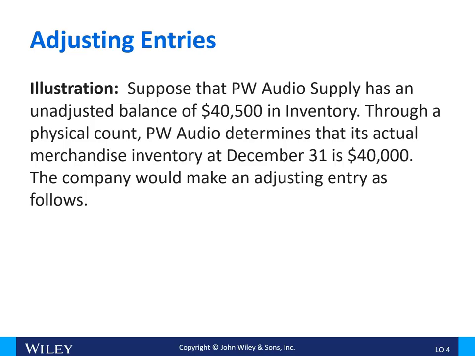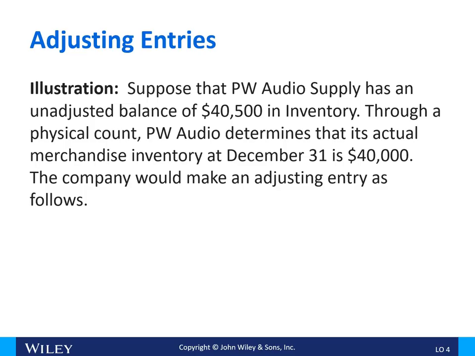So let's look at an example. The PW Audio Supply has an unadjusted balance of $40,500 in inventory. They perform a physical count and determine that its actual merchandise inventory at December 31st is only $40,000. So we have a $500 difference between what our records show, 40,500, and what our physical count shows, 40,000.